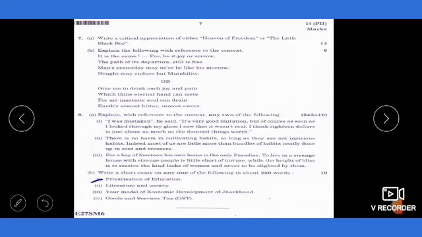Number 1, privatization of education. 2, literature and society. 3, your model of economic development of Jharkhand. 4, Goods and Services Tax, GST. Okay. Essays generally come related to current affairs, even your subject matters also. Like you can see the last question, Goods and Services Tax, that is GST.